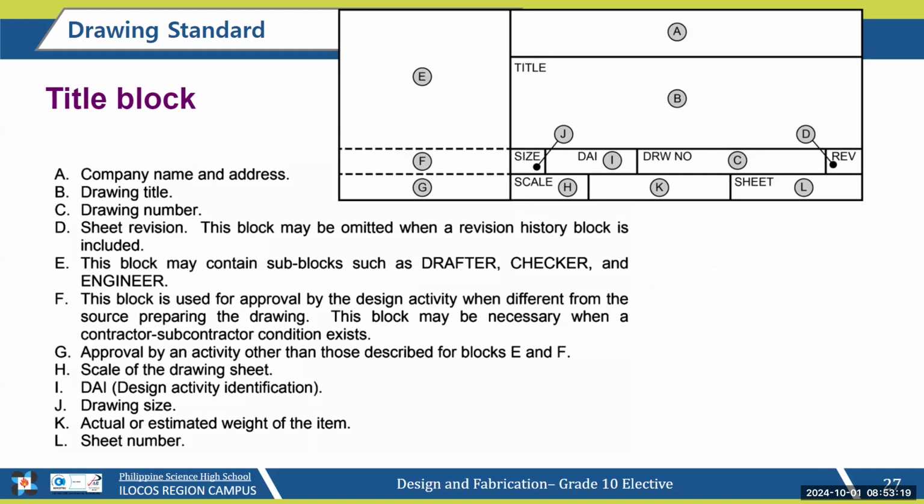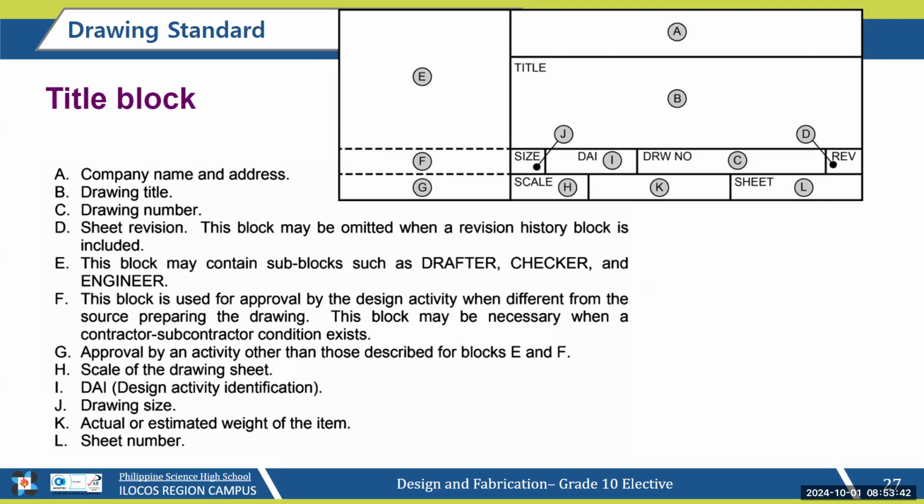You also have the drawing title, which is a brief description of the part or system being drawn. Next, the drawing sheet or the drawing number. So the drawing number is a unique identifier for tracking engineering drawings.